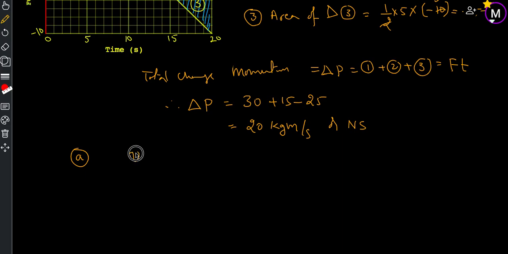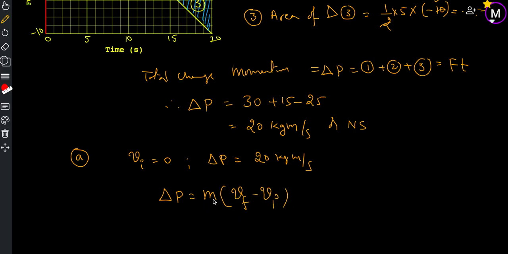If the car starts from rest, initial velocity is 0, and delta P is 20 kilogram meter per second, which we already calculated. Now to find the final velocity, delta P equals m times (v final minus v initial). Since v initial is 0, we can write m times v final.